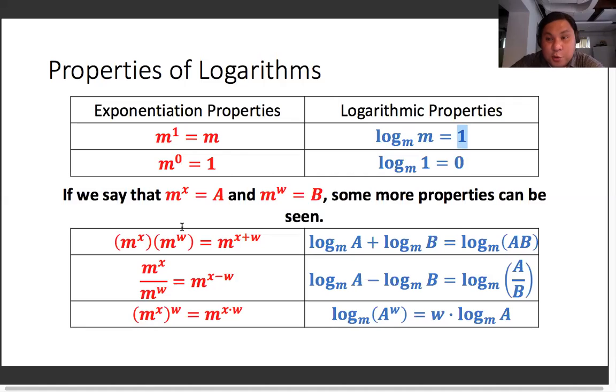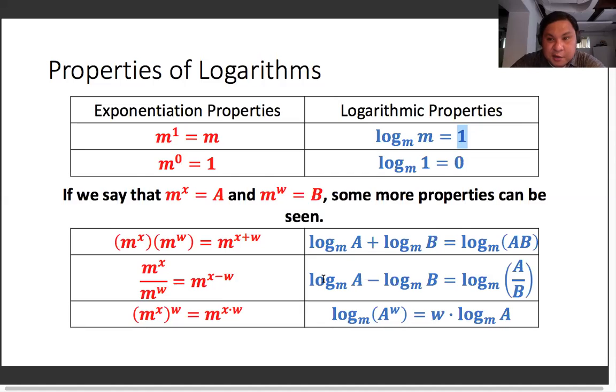Now, to go over the more complex properties of logarithms. In this case, we're going to be tackling several logarithms. For example, if m to the x is equal to a and m to the w is equal to b, so a and b are both powers.